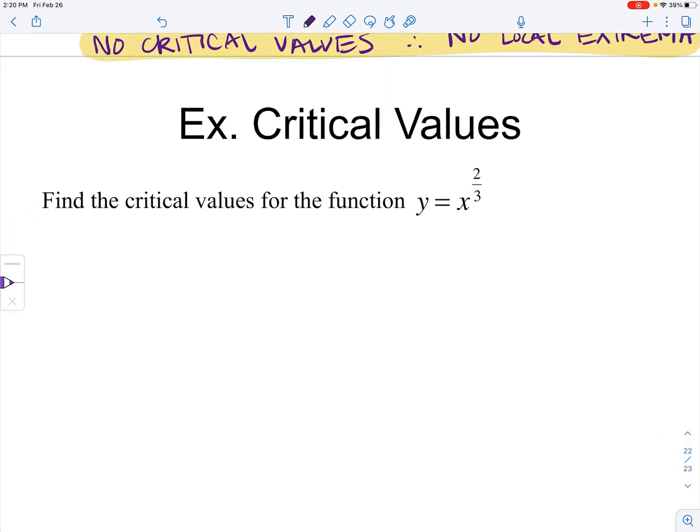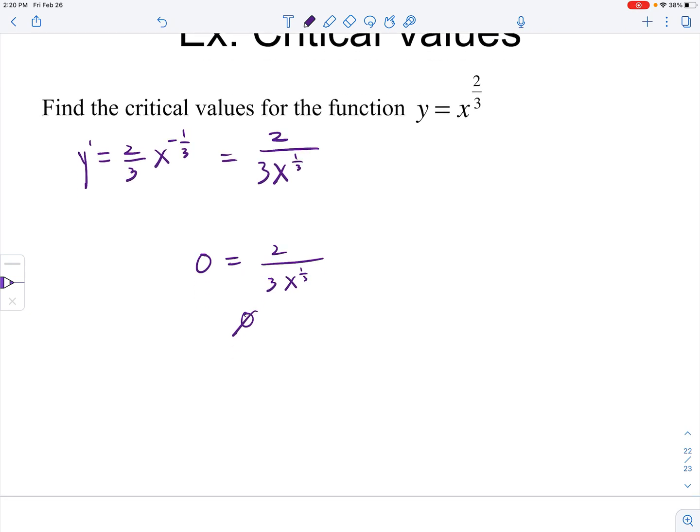And if we try and find critical values for y equals x to the 2/3, just using power rule. So 2/3 times x to the negative 1/3 can be written as 2 over 3x to the 1/3 power. And, well, if we set that equation equal to 0, there's no solution.